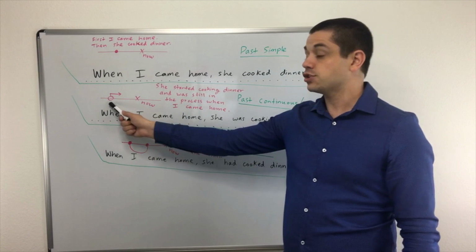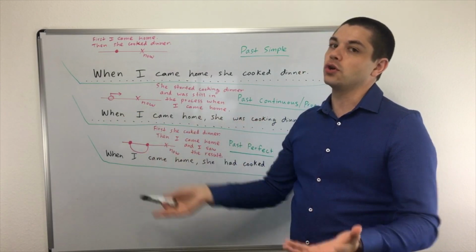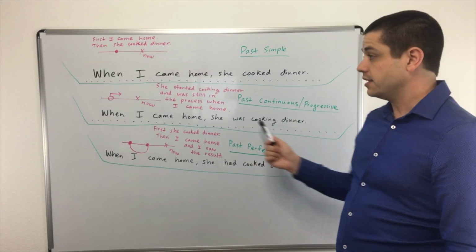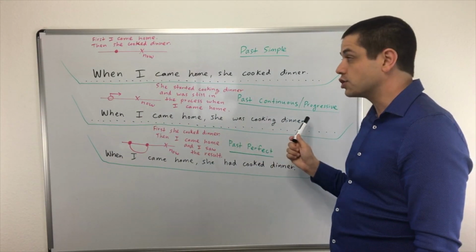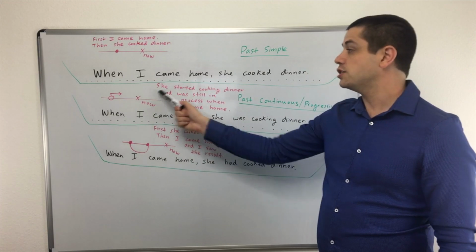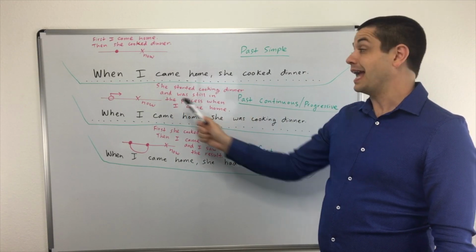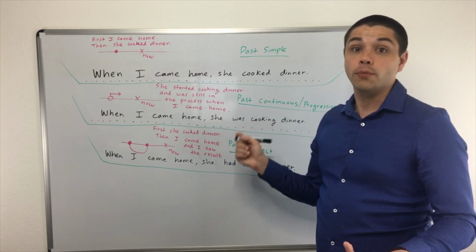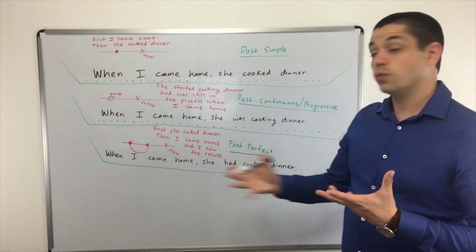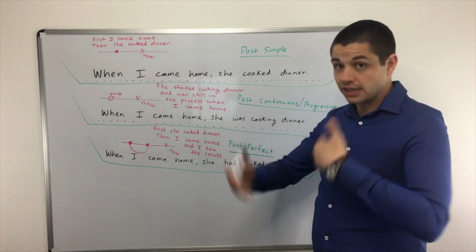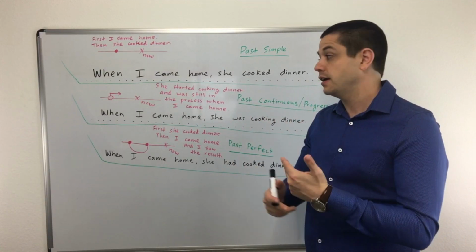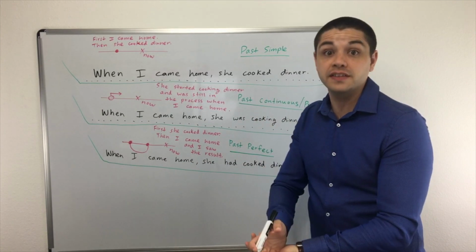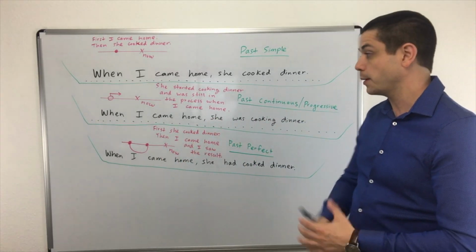And it started in the past, but we don't have a result. It's not finished. So, she was cooking dinner. When I came home, she was cooking dinner. So this means she started cooking dinner and she was still in the process when I came home. So there was no result. There was a process happening. And then I came home in the middle of this process. So I interrupted this process like we talked about before.